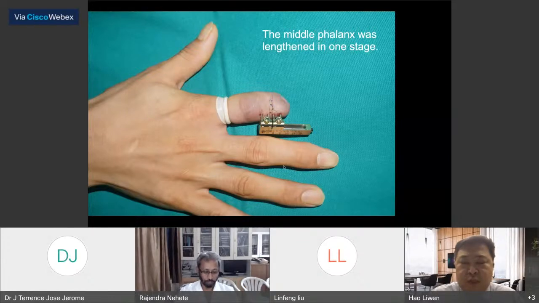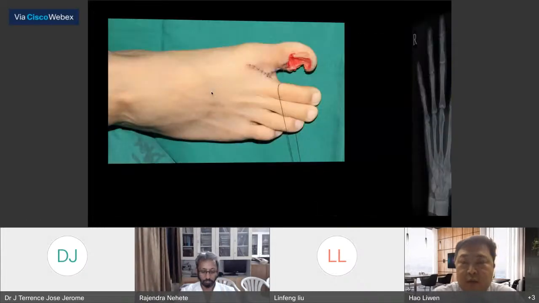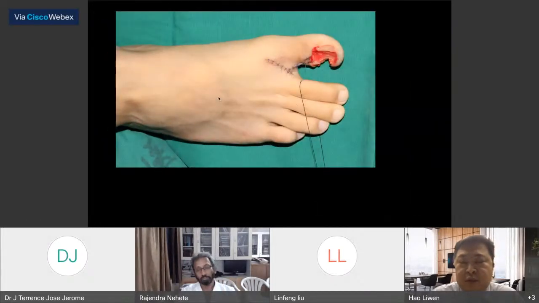In the first stage, we lengthen the middle phalanx, and in the second stage, we harvest a free wraparound flap from the great toe to reconstruct the index finger. This is the phalanx being lengthened. And this is the appearance of the great toe after harvesting the free flap.